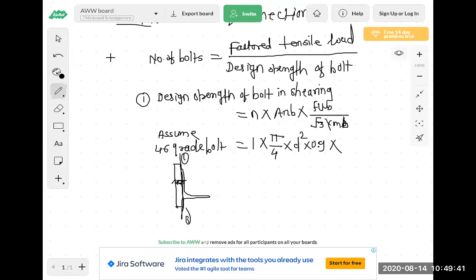Sorry, 0.78. Correct, 0.78. So we are reducing the area by 22%, into fub divided by root 3 gamma mb. So this is the formula. Now put the values: 1 into pi by 4 into d square, meaning small d.